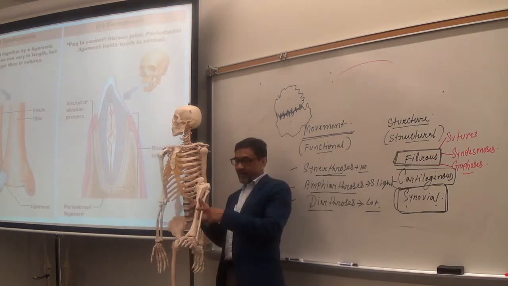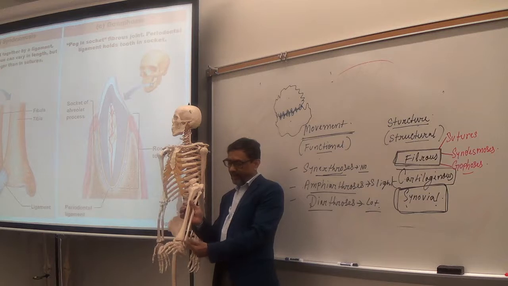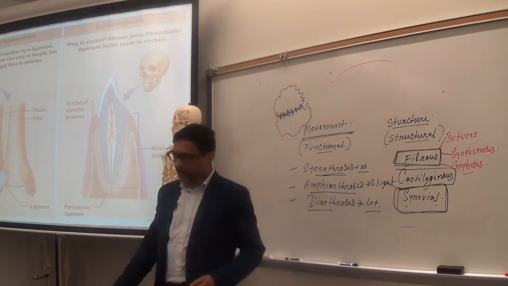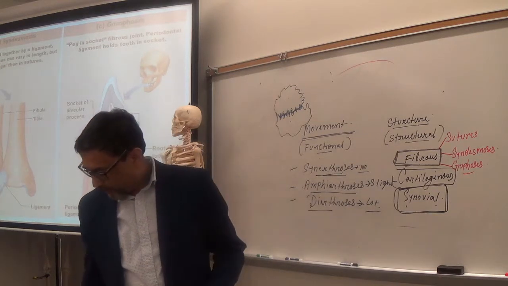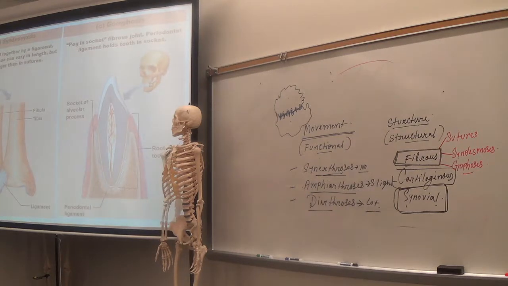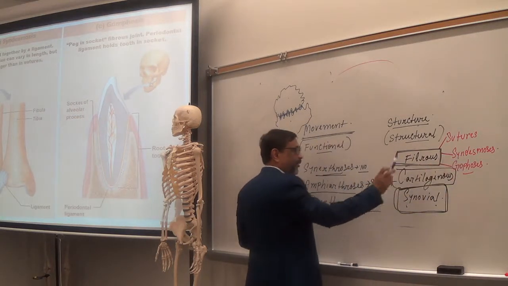You know, this is tibia, this is fibula, and the lower end of tibia and lower end of fibula are connected by ligament here. That is called the distal tibiofibular ligament joint, and the ligament holds the bones together, and that is syndesmosis, because a ligament holds the bones.